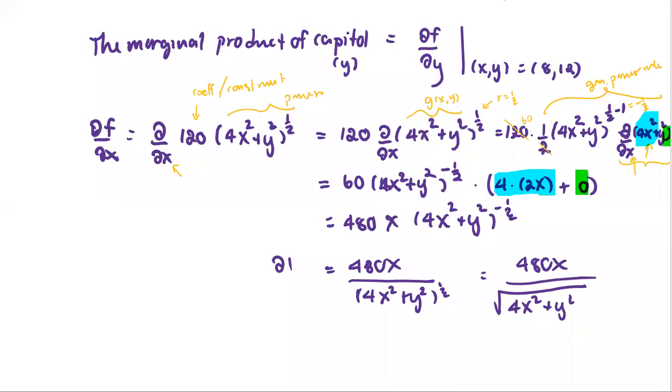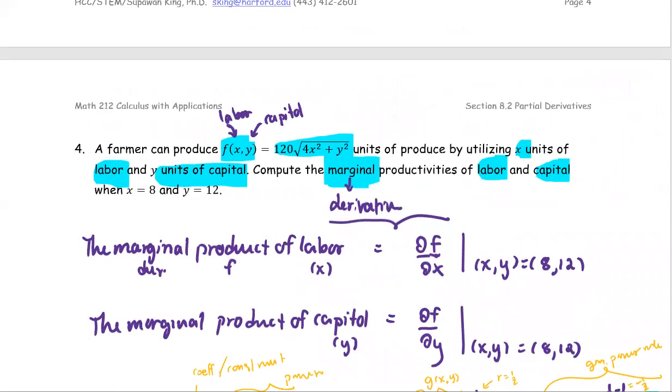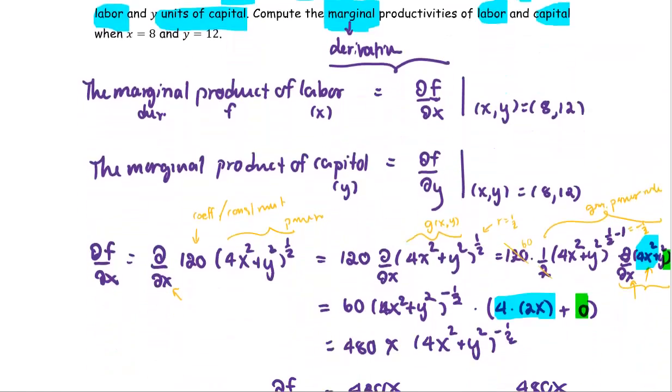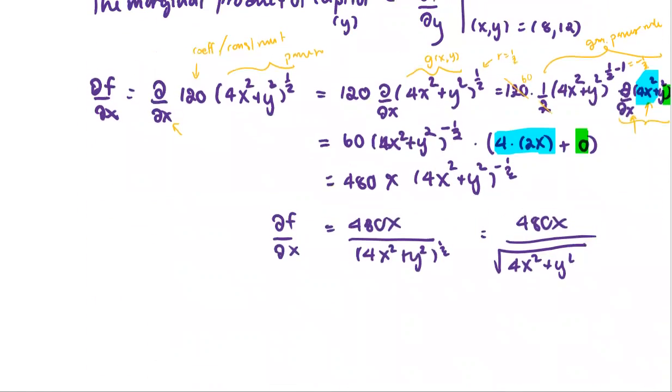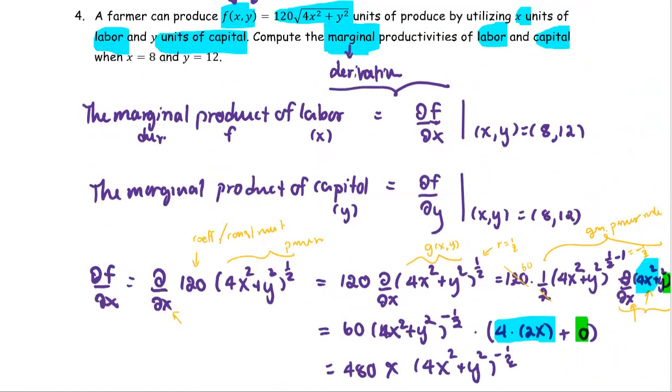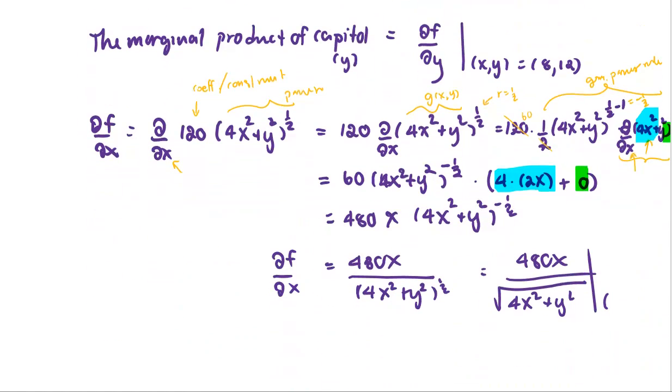This is the partial derivative with respect to x, or the marginal productivity of labor. We call x the labor, right? And f is the productivity, and marginal means the derivative. So this is the first one. And we're going to find the value of this when x equals 8 and y equals 12.